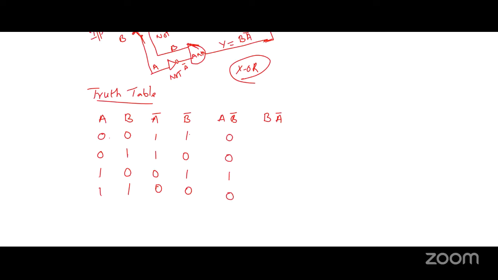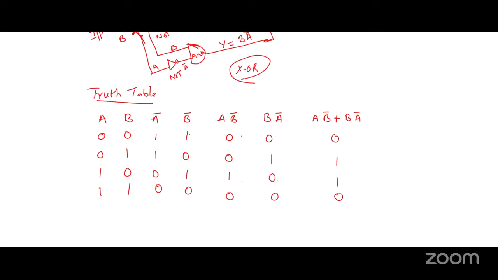Next BA bar. These two product. 0. 1 into 1 is 1. 0 into 0 is 0. 1 into 0 is 0. So what is this? You need to add these two. 0 plus 0, 0. 1, 1, 0.